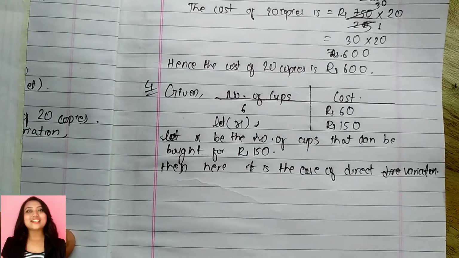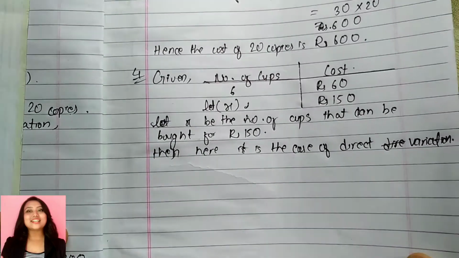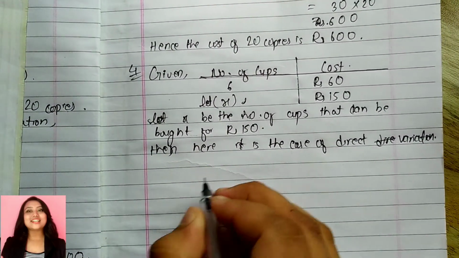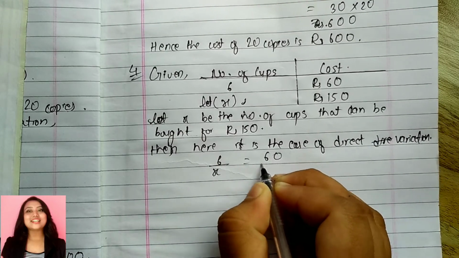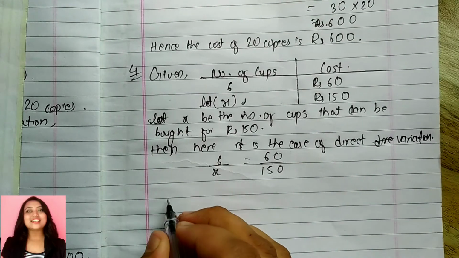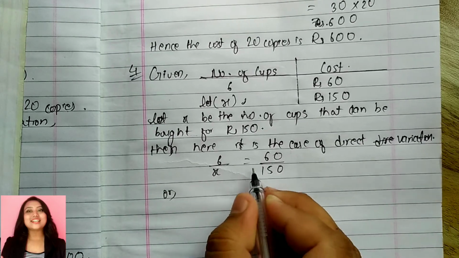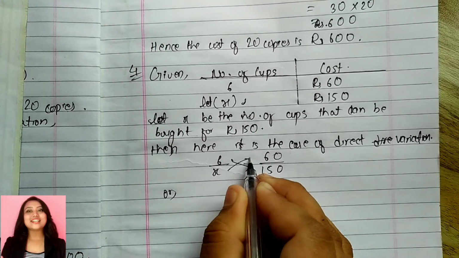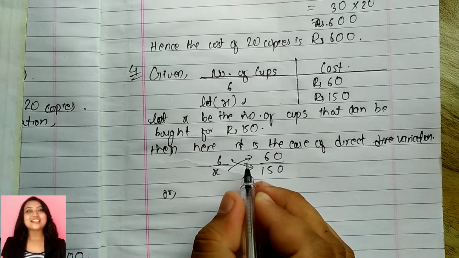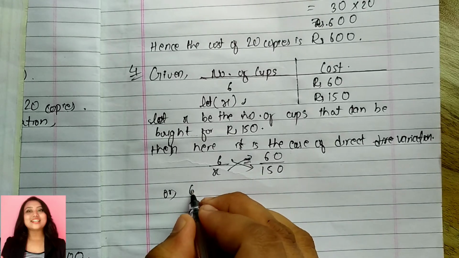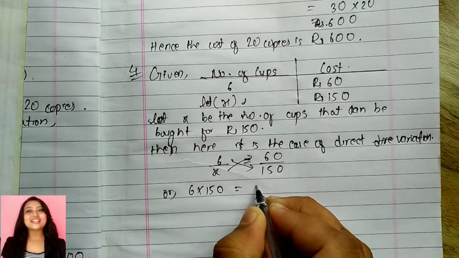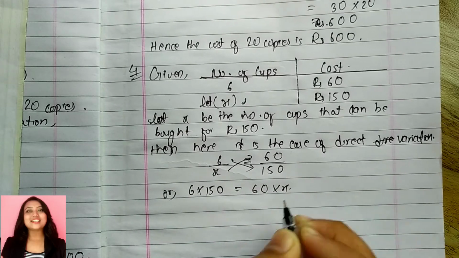And now you'll be writing 6 upon x equals 60 upon 150. Similarly, now you have to do the cross multiplication, right? As I have said, since there is an equal sign, you have to do the cross multiplication. 6 into 150 equals 60 into x.